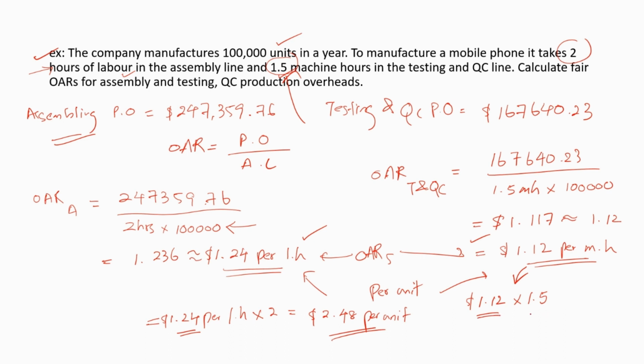It will take 1.5 machine hours to test a single mobile phone, in other words, per unit. So this is equal to 1.68 per unit. This is the per unit value. I hope it is clear now.